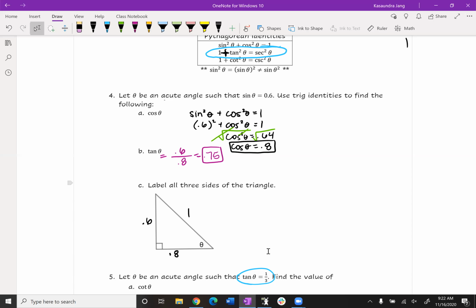All right, so I'm gonna have Sky walk me through part A, and then Dylan, get ready. I'm gonna have you walk me through part B, okay?